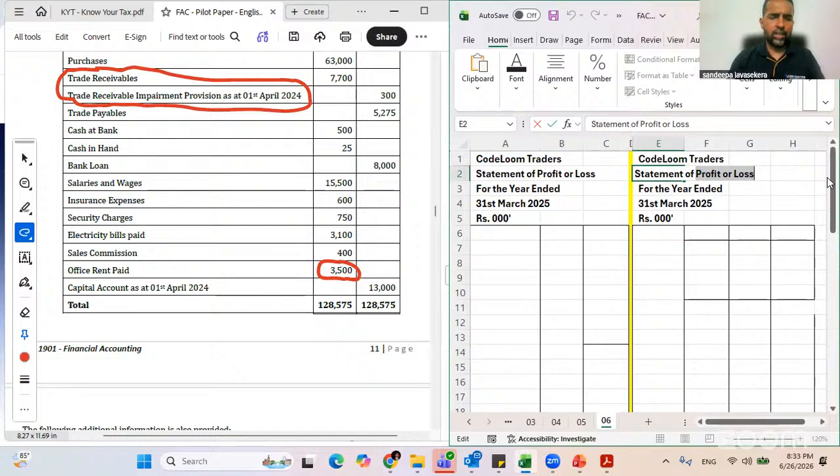Statement of financial position. Assets. Starting with the revenue or the sales.